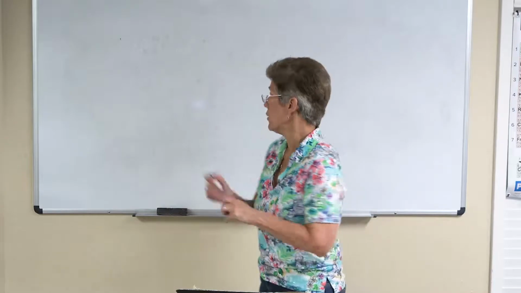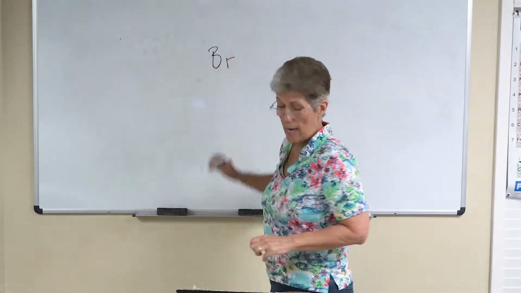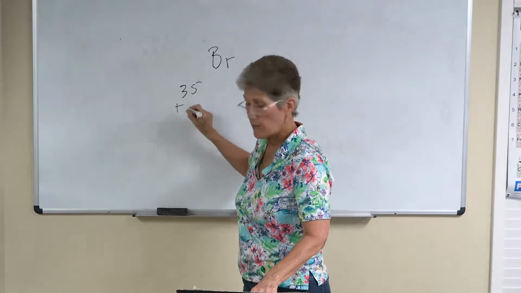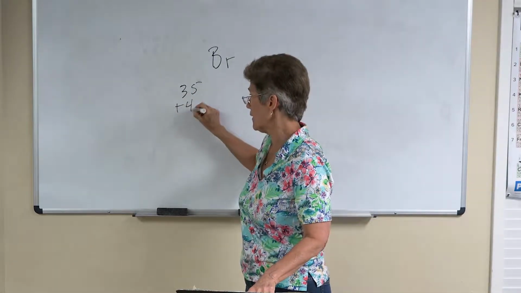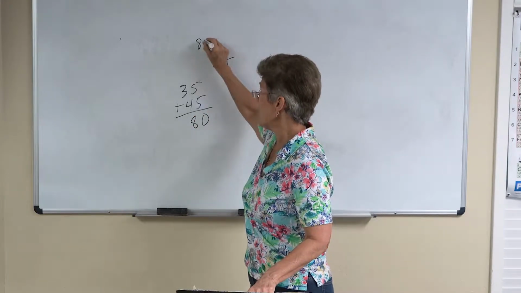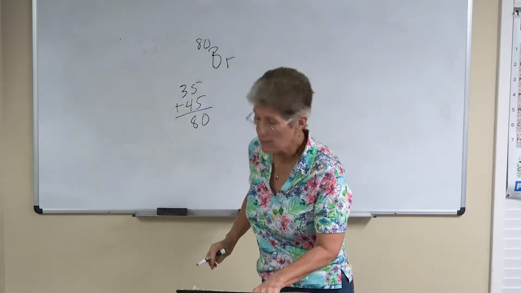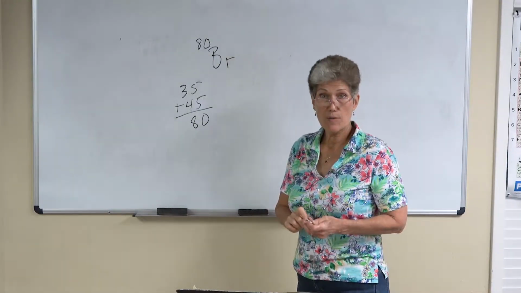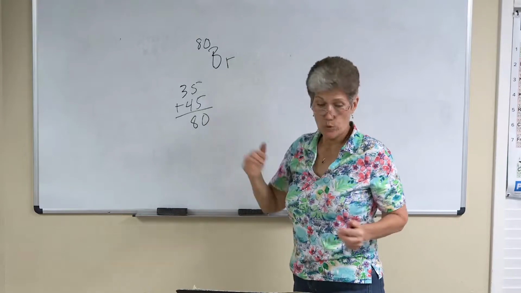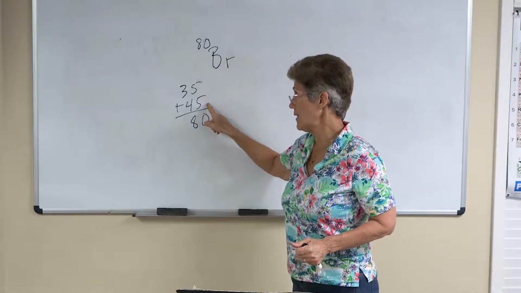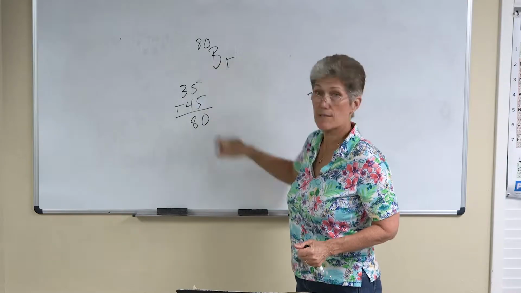So we're going to put here Br, and then we add the number of protons plus the number of neutrons to get the mass number. So that's going to be 80. So the answer would be bromine 80. And that's the complete answer, because 35 told you where to look on the chart to determine what its symbol is, and then you add the protons and the neutrons to get the mass number.